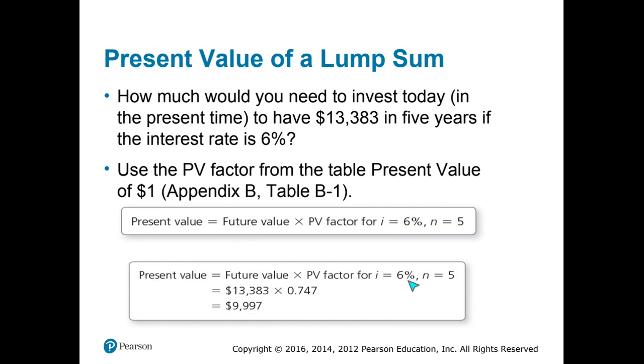Our future value is 13,383, and based on N being 5 and the percent being 6, our table told us that 0.747 was the factor we would use. So 13,383 times 0.747 gives us $9,997, and that is our present value.